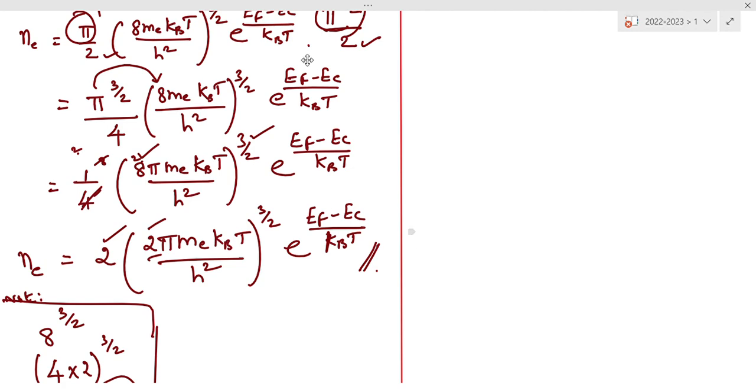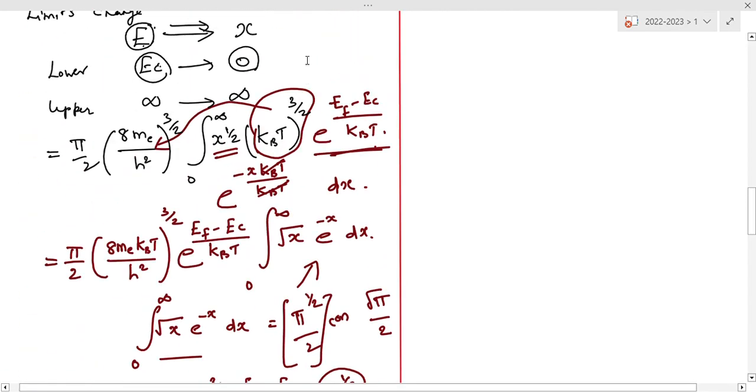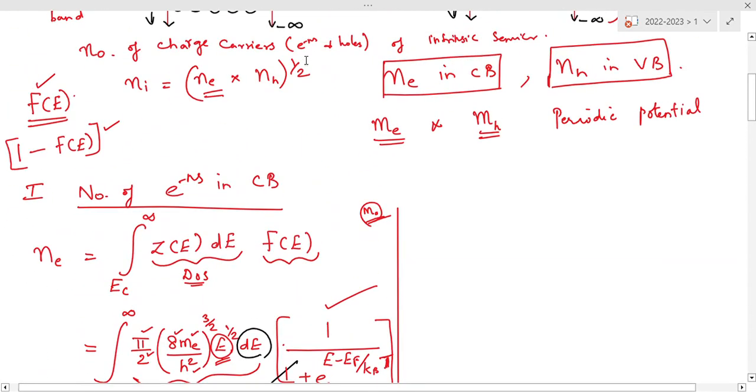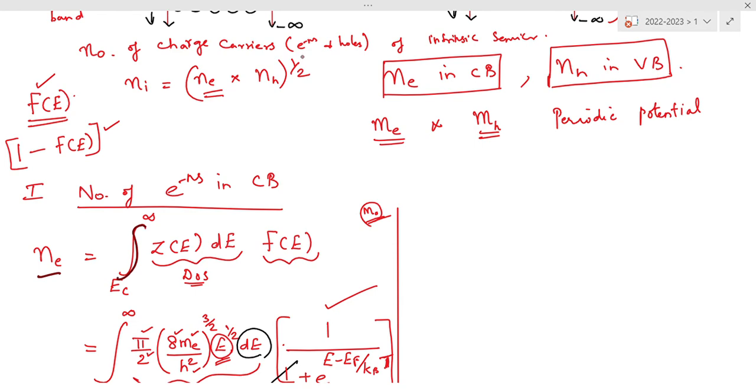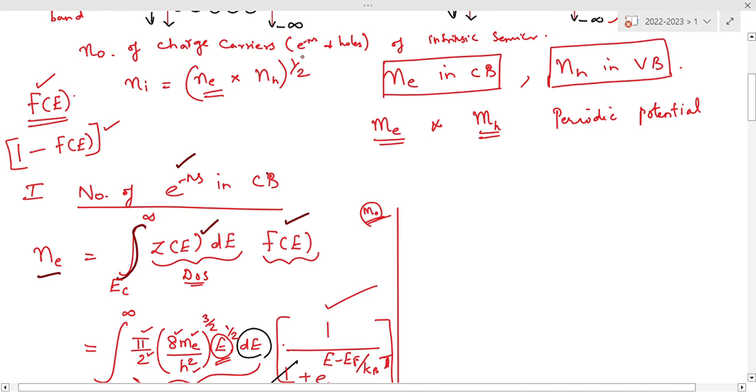In this way we got the final equation for number of electrons in the conduction band of an intrinsic semiconductor per unit volume. So here we started with the general expression for finding the number of electrons in the conduction band of an intrinsic semiconductor per unit volume, integral z of E dE f of E. This is the density of states equation and the Fermi distribution function for electrons, because we are going to find electrons in the conduction band of the intrinsic semiconductor.